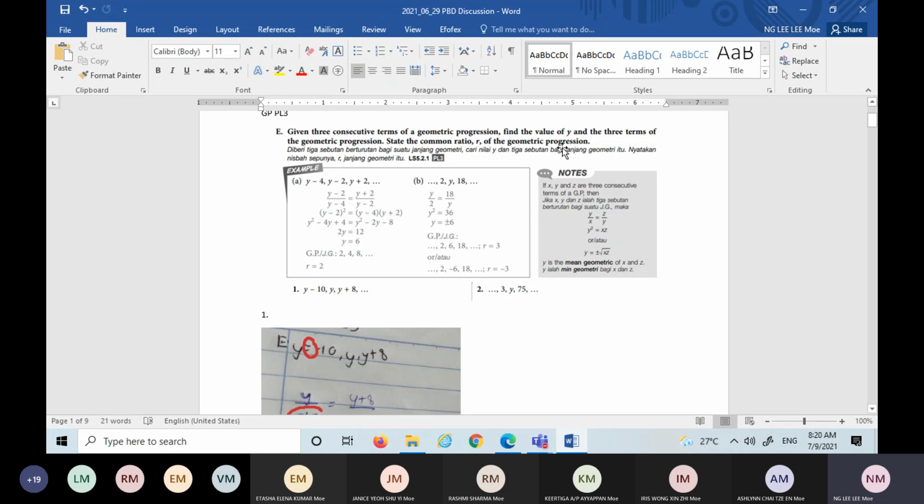You can study from here, you can study from your books, but not from your friends. Don't go and ask your friend, hey, what is your answer for this and this? I warn you. Because from Form 5, I caught so many of them, and I straight away gave their PBD 0 marks. So I don't want to do this to you.